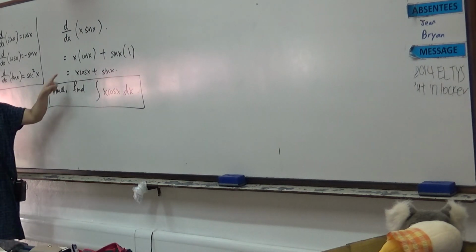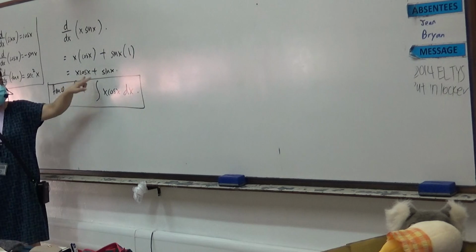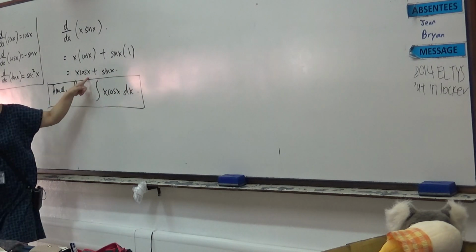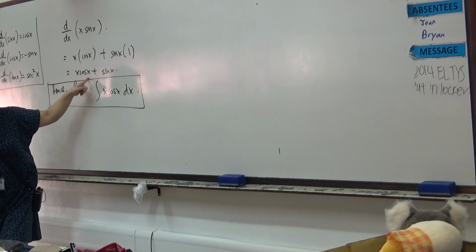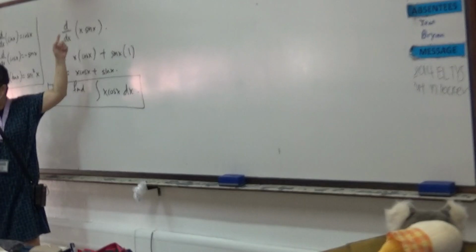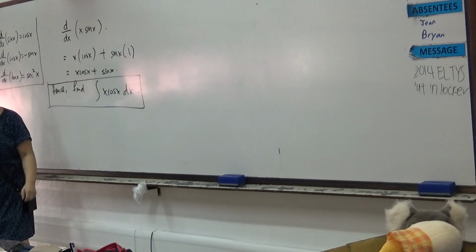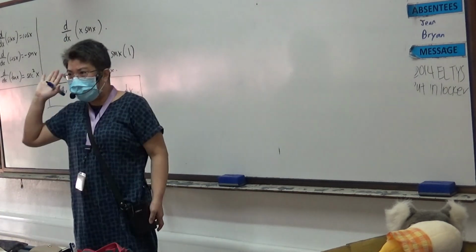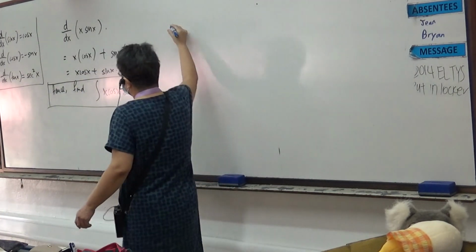Now, can you see that when I integrate this whole thing, then I will get this? This is only part of this. So there is a problem, right? I must integrate this whole thing, then it will be this, but this is just part of this. Can you all see what I'm talking about here? So what do we do? Don't panic. I'll show you a way.